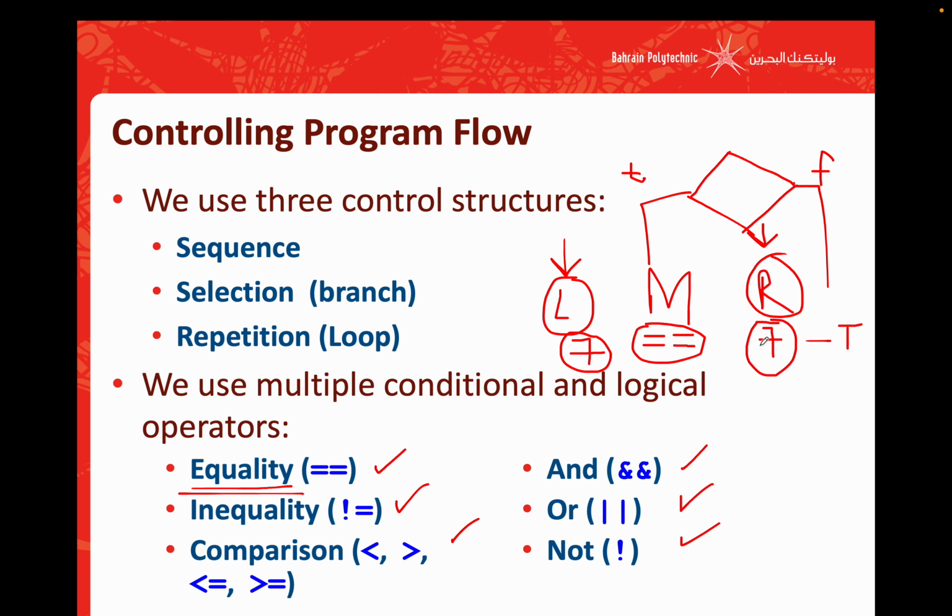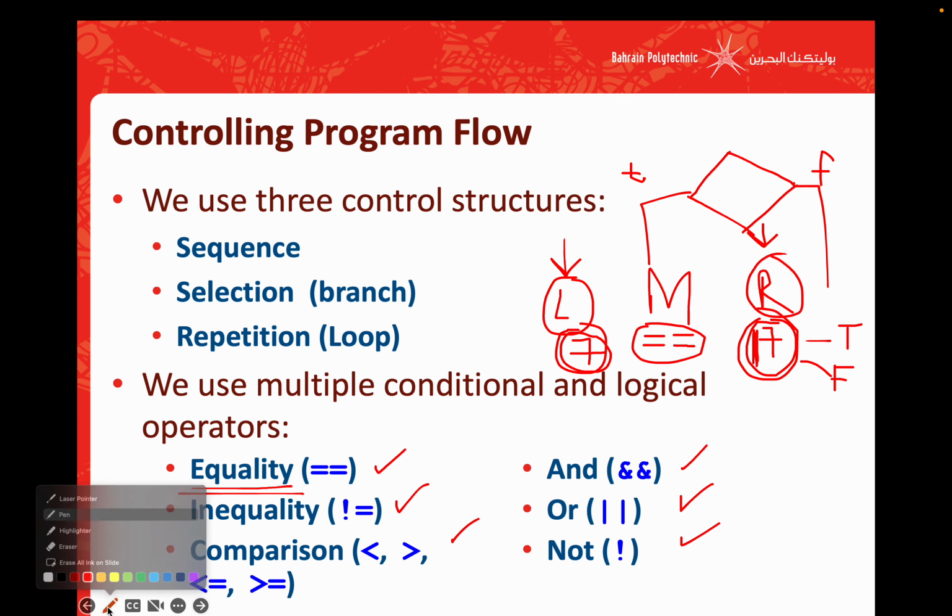But let's assume that I make this 17. Now the equality operator does the same thing again: it checks if the value on the left is the same as the value on the right. In this case, 7 is not the same as 17, so the answer would be false. So this is one condition that you can create.